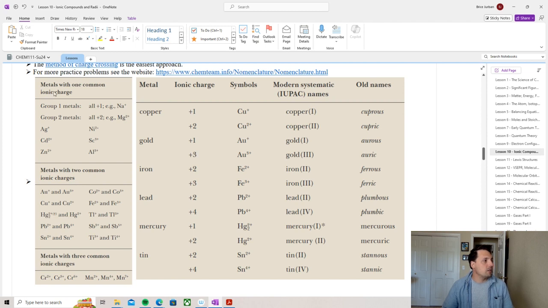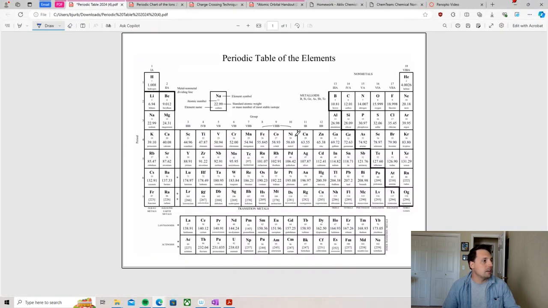It lists all the metals that have one common ionic charge, which are our group 1 metals and our group 2 metals. So anything in the first group is always going to be +1, and everything in the second group will be +2. And then there are 6 other common ionic charges we should commit to memory. Silver always forms a +1 charge, cadmium and zinc 2+. Those are elements that are in the same group right here.